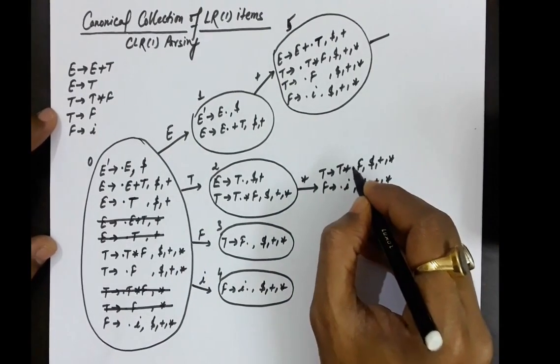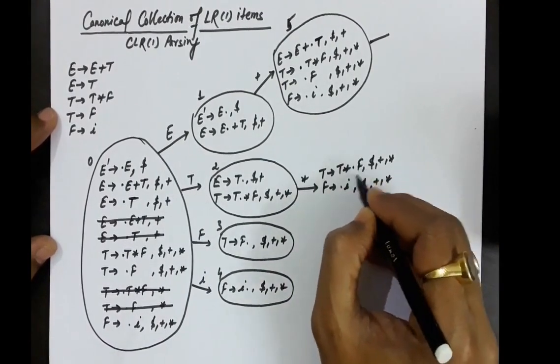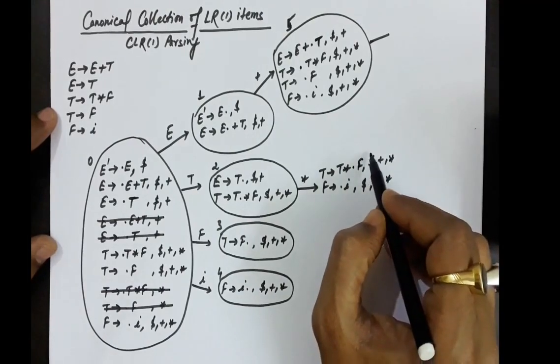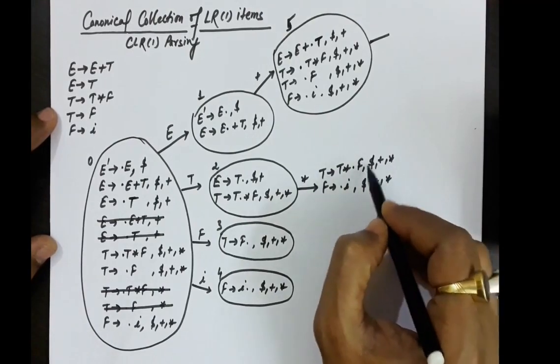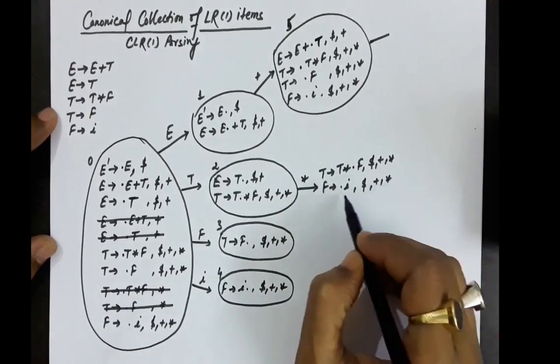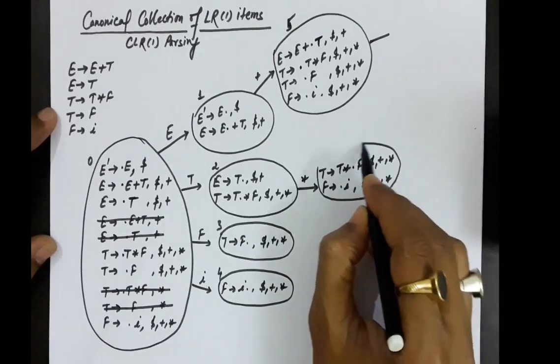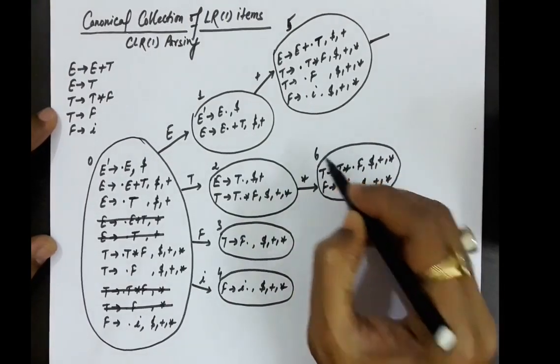Okay, you will be writing all the productions starting with this F, and the look aheads will be what comes after this F. So dollar, plus and multiplication sign are the look ahead for this particular production. So this is state number 6.